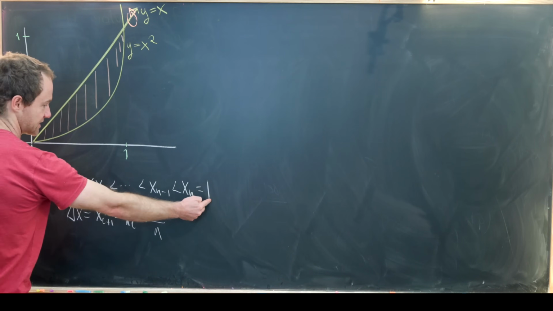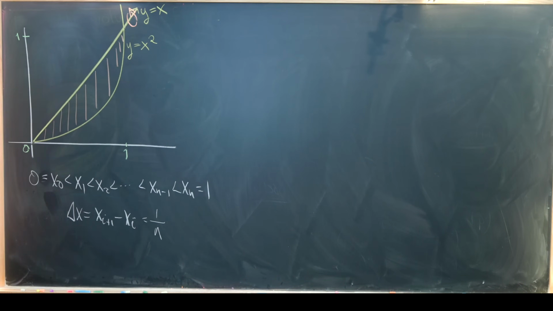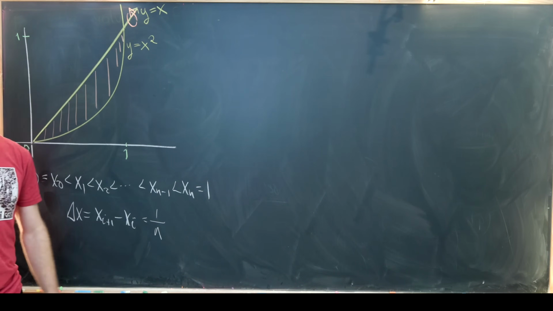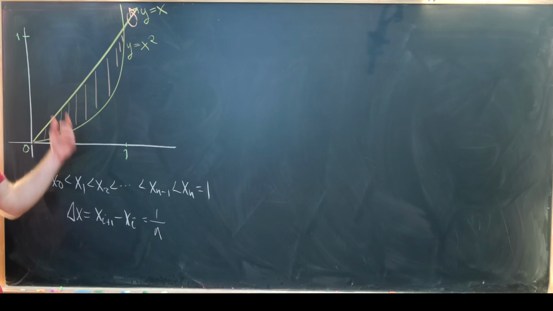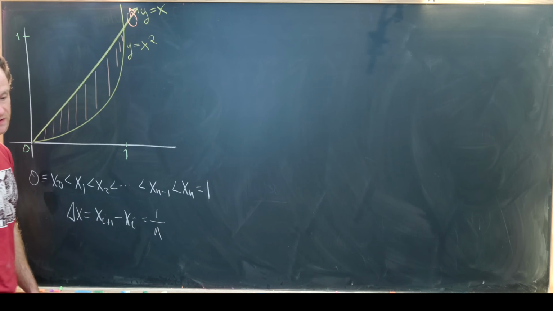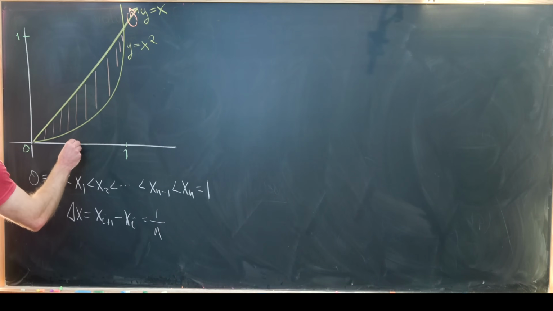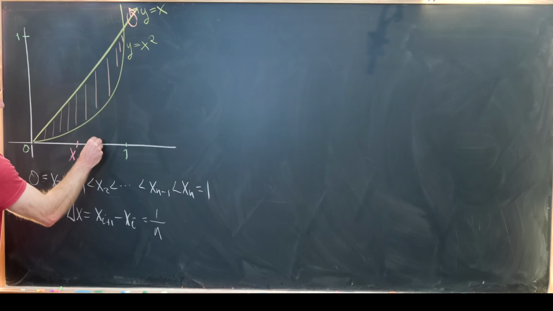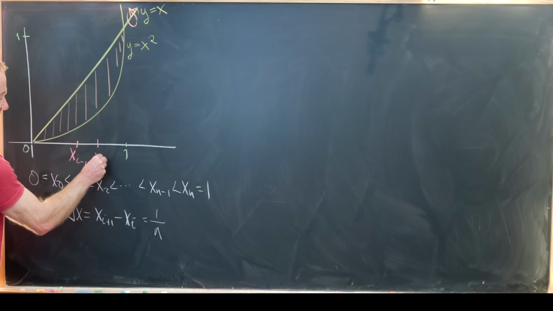And that's because we're partitioning an interval of unit length into n pieces. Now, next up, I'll go to an arbitrary subinterval between 0 and 1 and look at the situation that's happening on that arbitrary subinterval. So I'll pick the subinterval with left-hand endpoint x_{i-1} and right-hand endpoint x_i.